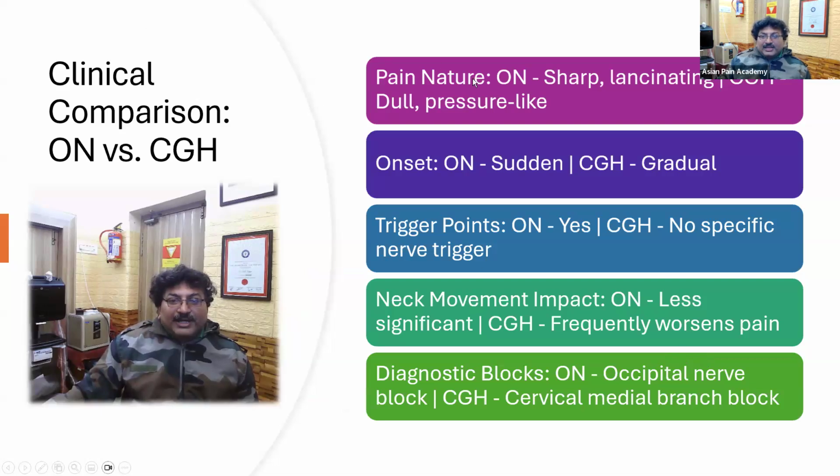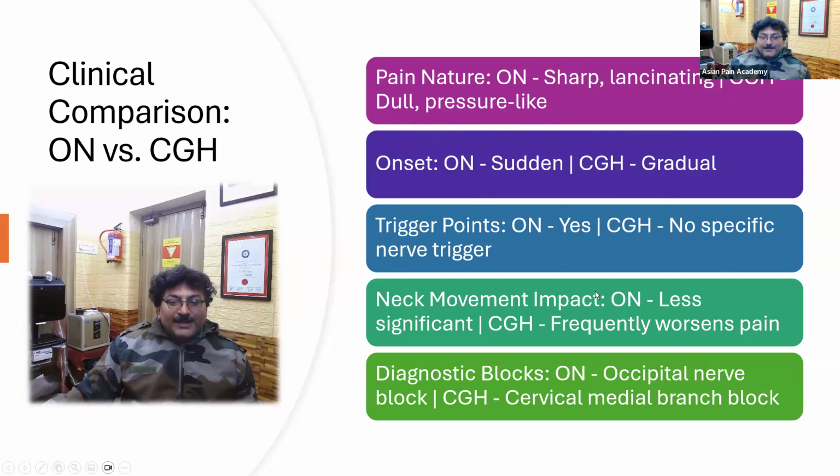Now, pain nature in occipital neuralgia will be sharp lancinating, whereas in cervicogenic headache, it will be dull, pressure like. In occipital neuralgia, the onset will be sudden, and in cervicogenic headache, it is comparatively gradual. Trigger point in occipital neuralgia is usually present within the muscle or just over the nerve, and there is no specific nerve trigger for the cervicogenic headache.